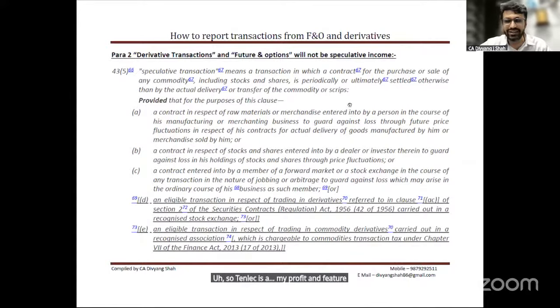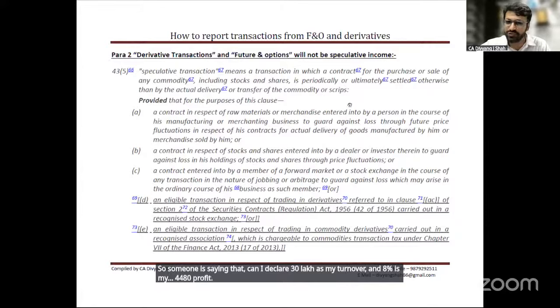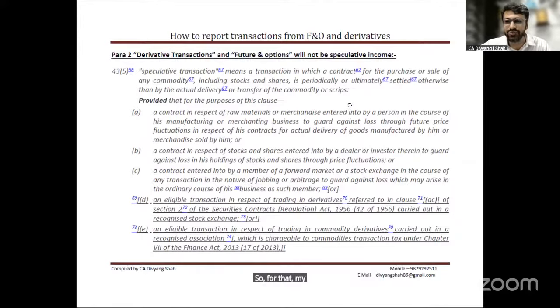If I calculate my turnover, let me say my turnover as per this calculation is, for example, 30 lakh. So someone is asking, can I declare 30 lakh as my turnover and 8% as my 44AD profit? For that, my answer is: if you read section 44AD, as of now it says that of your turnover, the actual profit, if you're claiming to earn that income, or 8% or 6% of the turnover, that you need to offer.